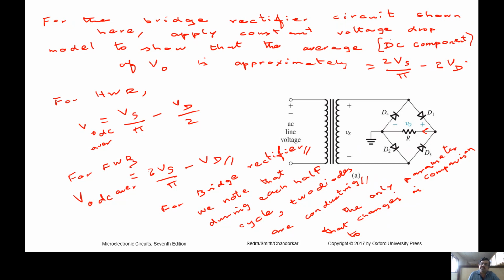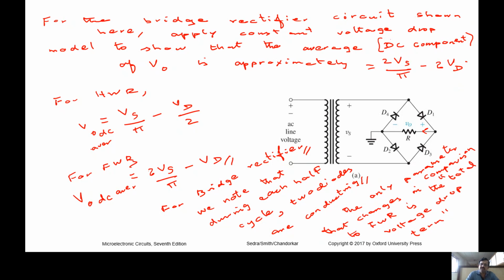So the only parameter that changes in comparison to the traditional full wave rectifier is the total voltage drop term.